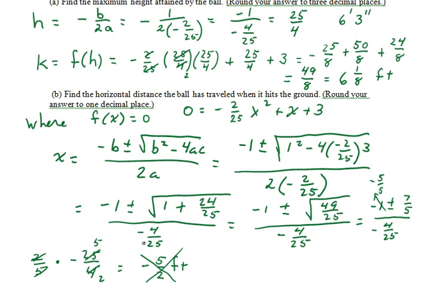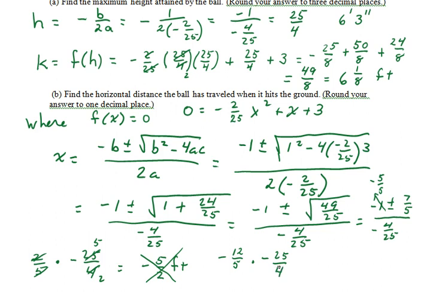The second possible answer comes from subtracting the 7/5. -5/5 subtract 7/5 is -12/5 times the reciprocal of negative 4/25, which is -25/4.